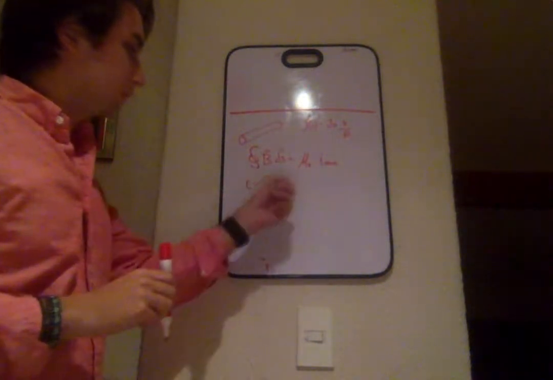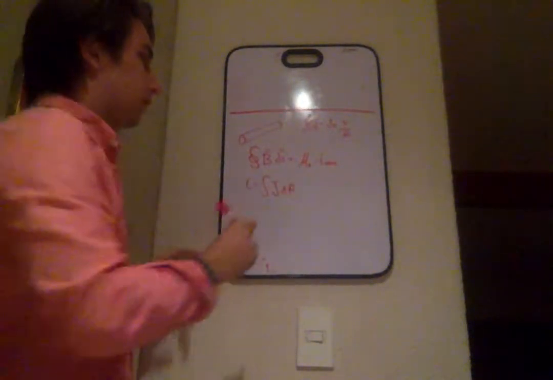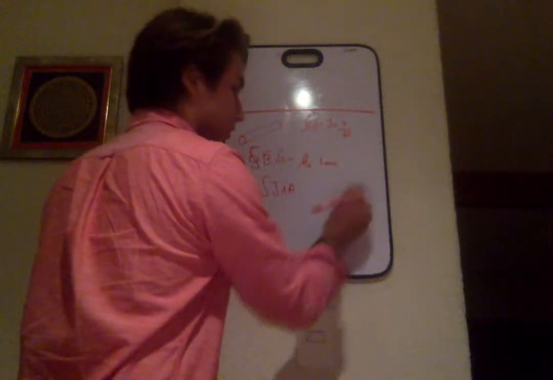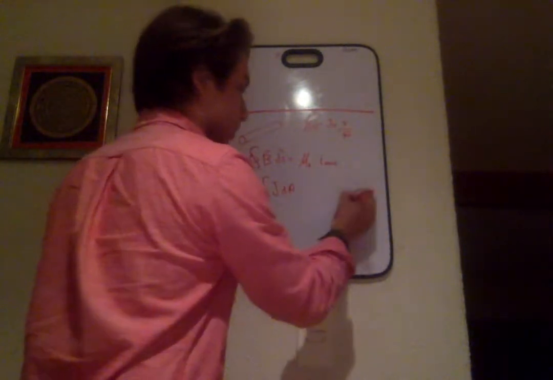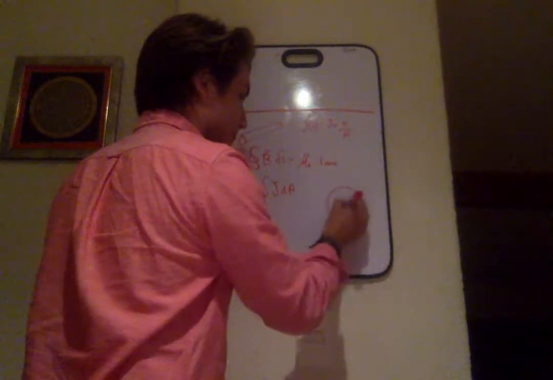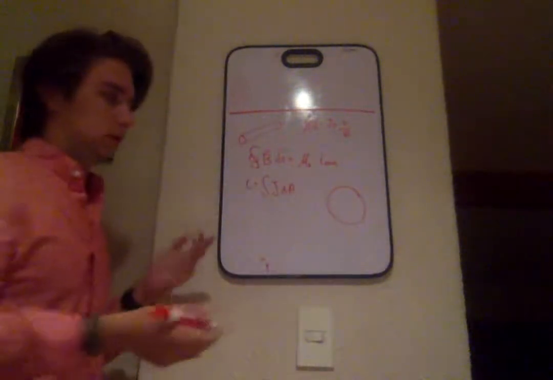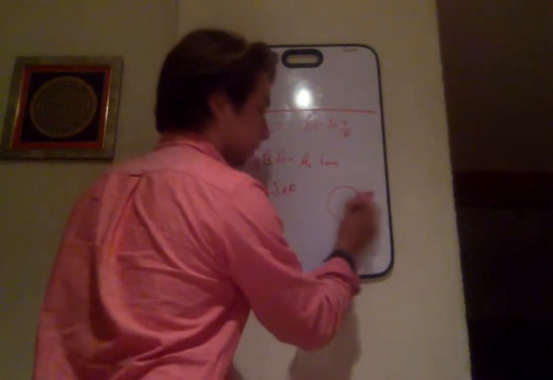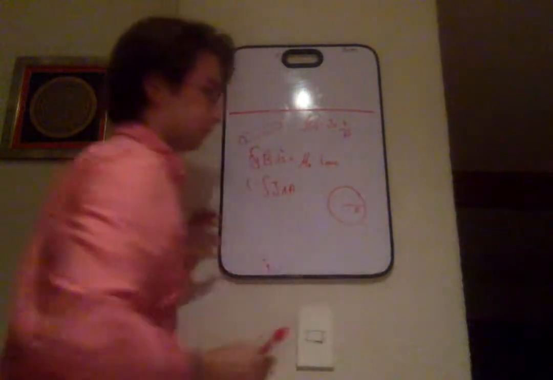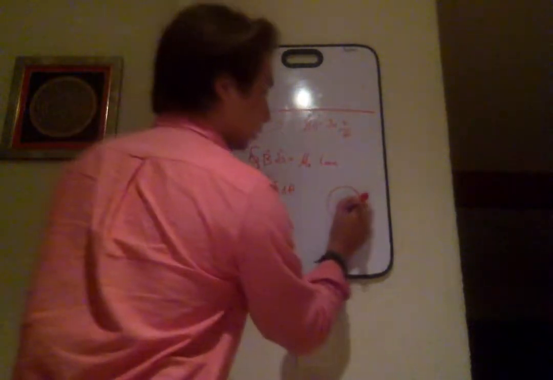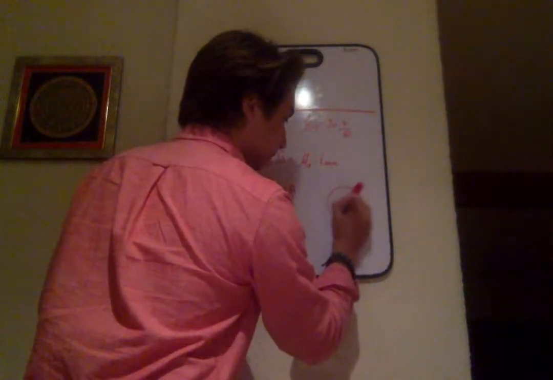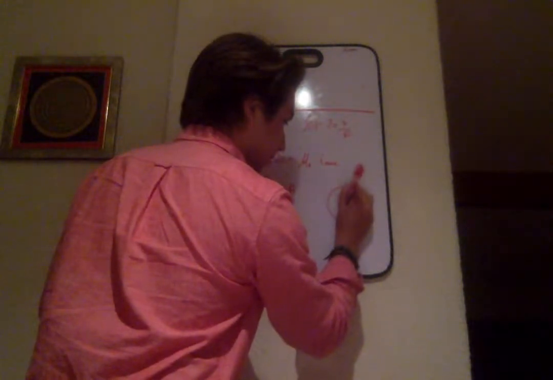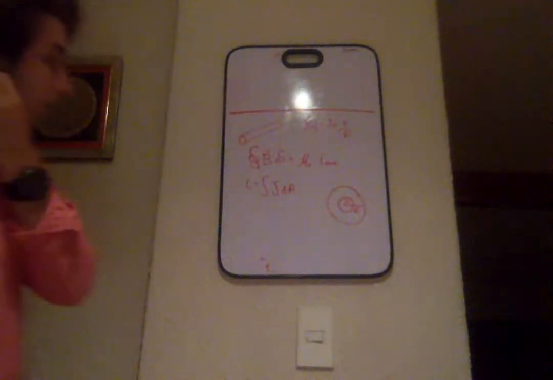Well, I'm going to draw it here. That'll be our whole wire. This is R, and then we're locating small r over here.